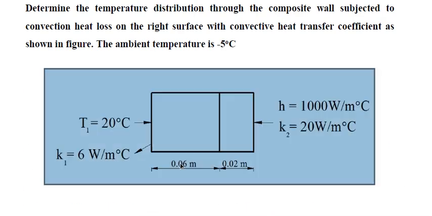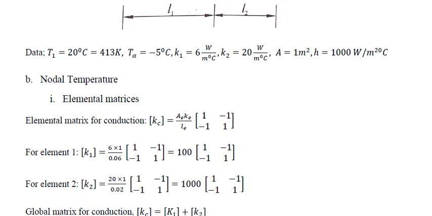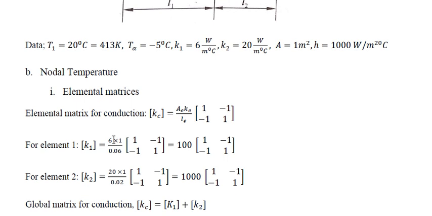L1 is 0.06 meter, L2 is 0.02 meter, K1 is 6, K2 is 20. We have to substitute those values. K1 is 6, A1 and A2 are equal to 1, length is 0.06, times [1 -1; -1 1], we get 100, -100, -100, 100 as the conduction matrix for the first element.